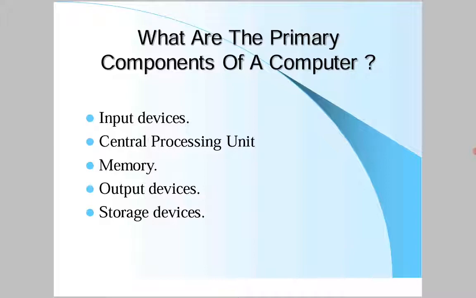The memory unit or memory device is used to store all the instructions, programs, application programs, software, intermediate results, and all the other things. It is called memory. Output devices generally produce the outputs or results of processing, or results of a program or application, in a human readable form, that is generally in English.